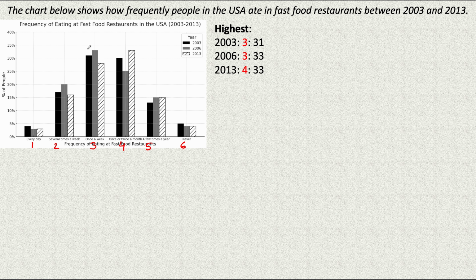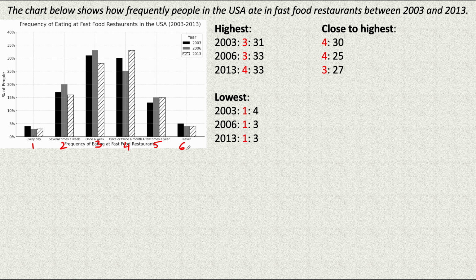The third category is the highest in the first 2 years, and the fourth category is the highest in the third year, that is in 2013. In all the 3 years, the lowest category is the first category. Next, we look for any percentages which are close to the highest figures or close to the lowest figures.